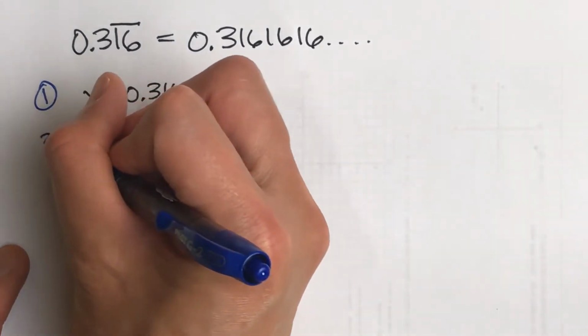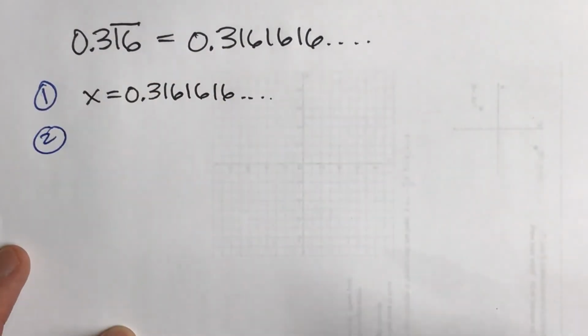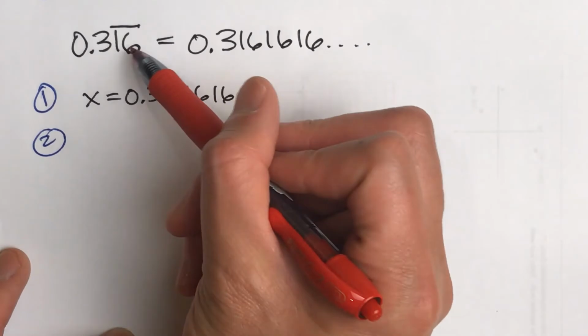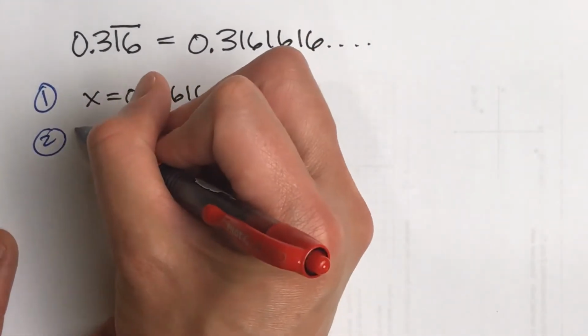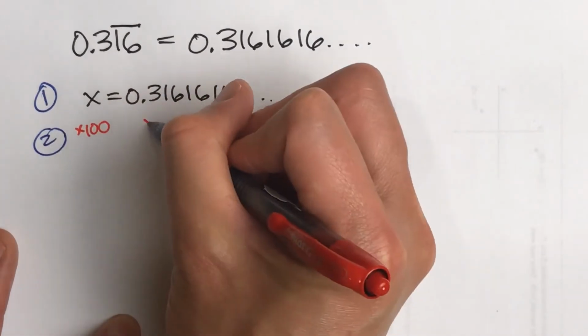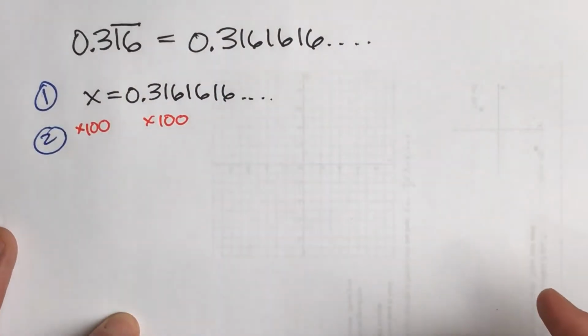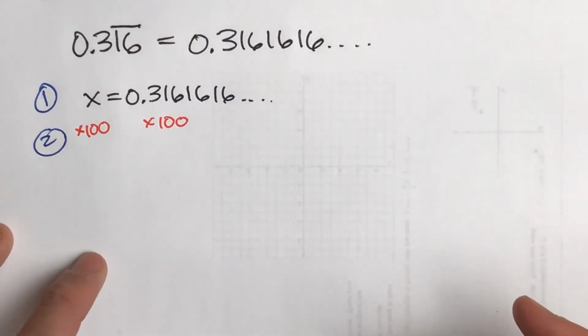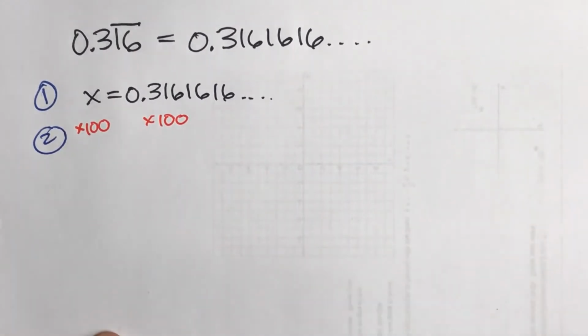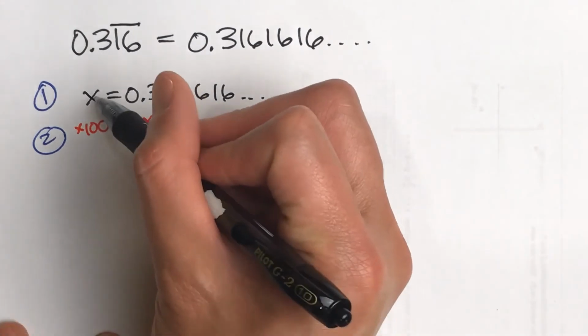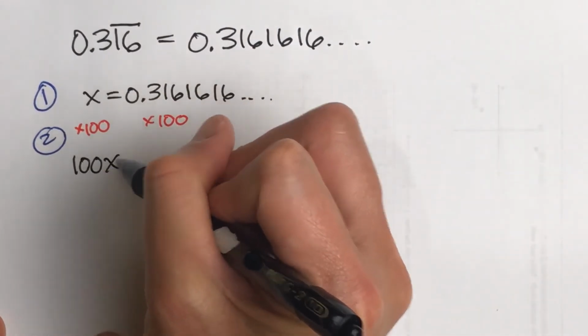Step 2, how many digits are repeating? In this case, 2 digits are repeating. So we're going to multiply both sides of this equation by 100 this time. When there was 1 digit repeating, we multiplied by 10. 2 digits, we multiplied by 100. And when we do that, 100 times x is 100x.